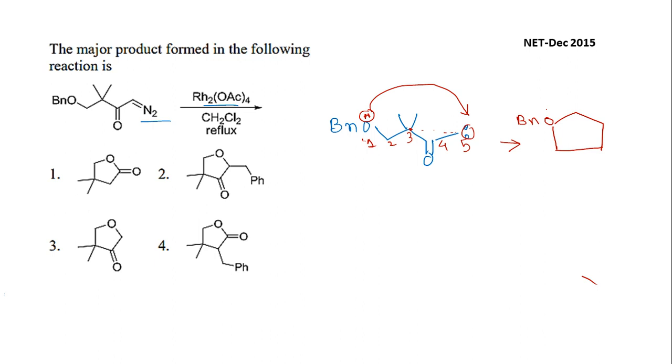So O position is 1, then at 3 position we have 2 methyl groups, then we have carbonyl, and at 5 position there will be negative charge. Oxygen is positive.